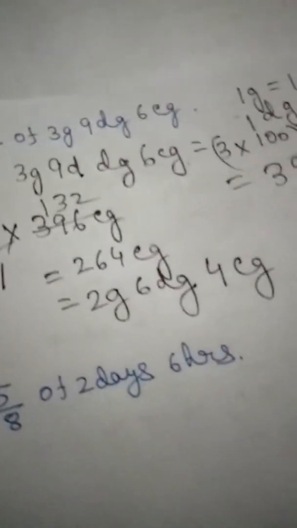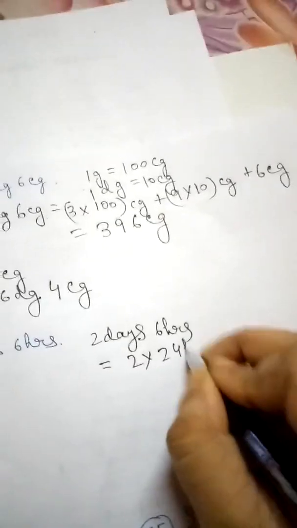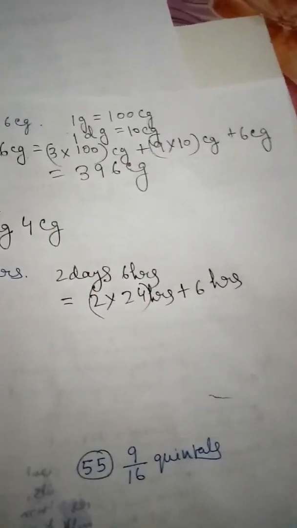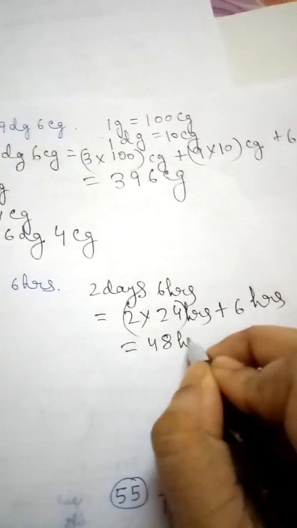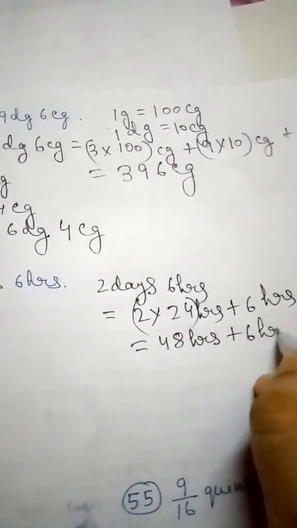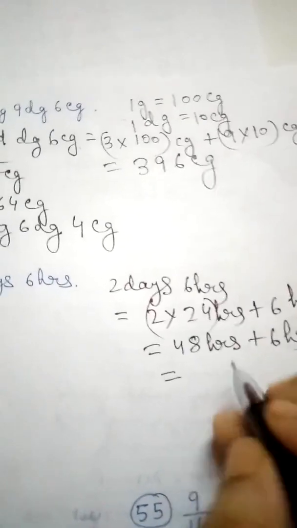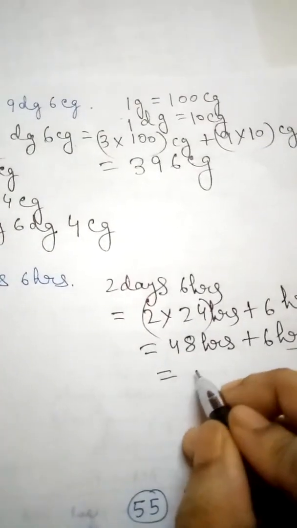So just see here, 2 days 6 hours equal to 2 into 24 hours plus 6 hours. So 2 into 24 means 48 hours plus 6 hours. So this is equal to 48 plus 6 is how much?